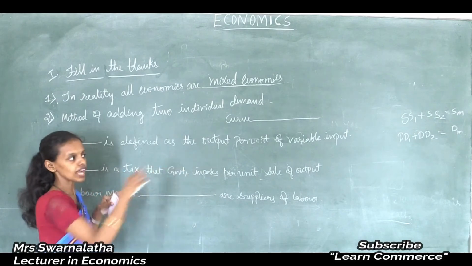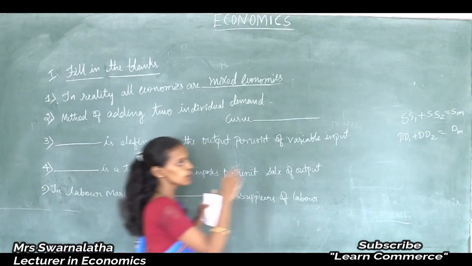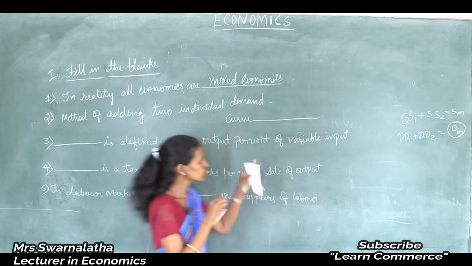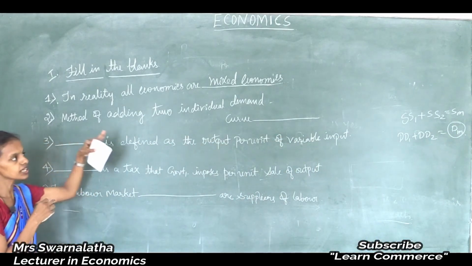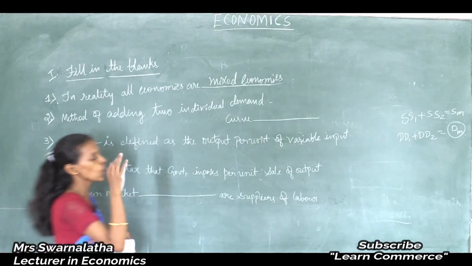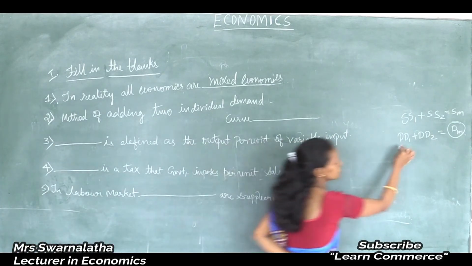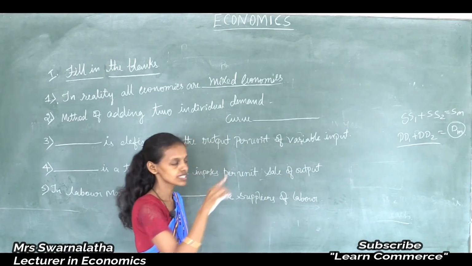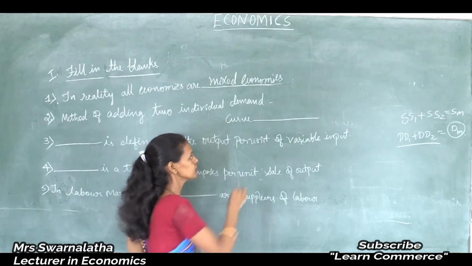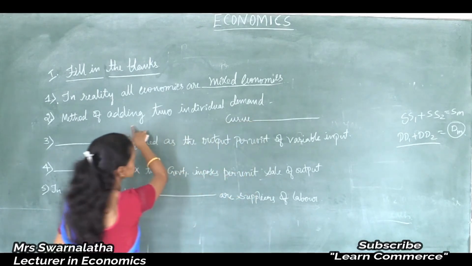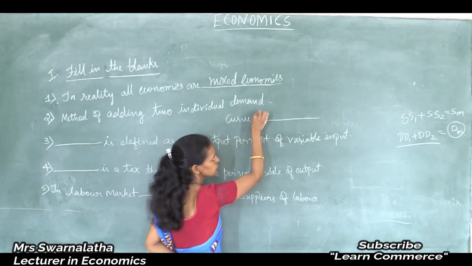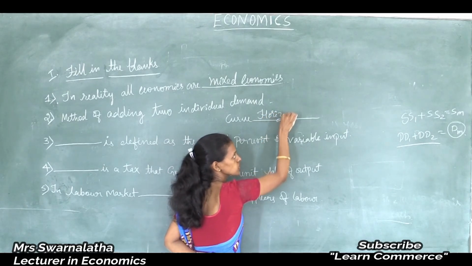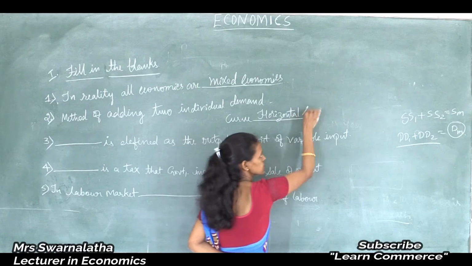Method of adding these 2 individual demand curves is said to be the horizontal summation. See, we are adding horizontally, DD1 plus DD2 is equal to DM, means market demand. Thus, the method of adding 2 individual demand curves is said to be the horizontal summation.